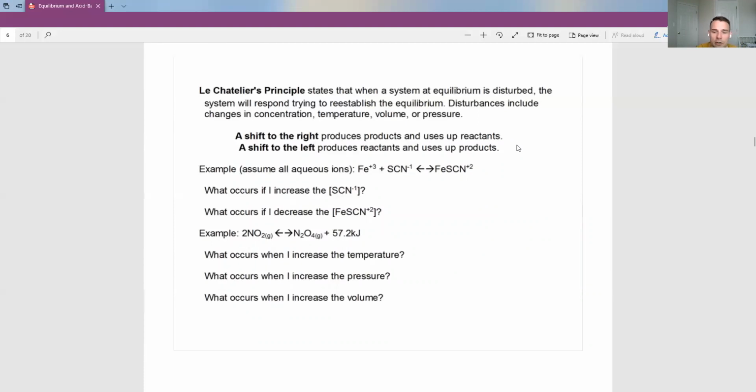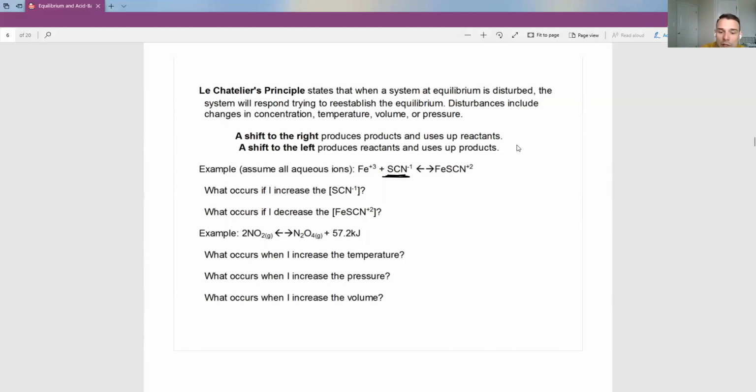For this equation here, you've got the iron ion, cyanide. I don't know what that ion is, whatever. In equilibrium with this compound here. So what occurs if I increase the concentration of this ion? So I have this just hanging out. I add more of that reactant. What you want to do is use up that extra.